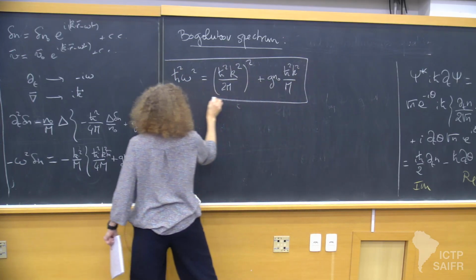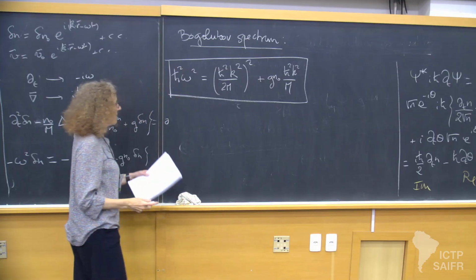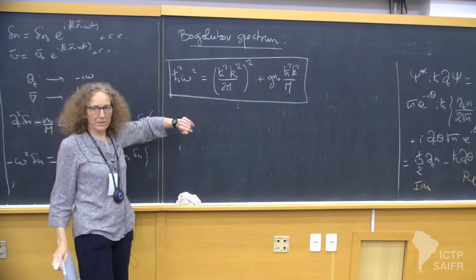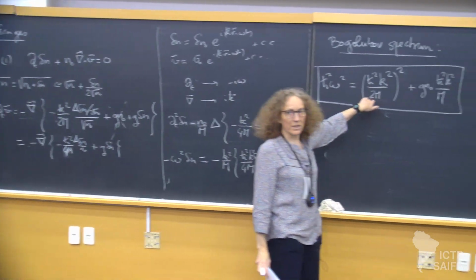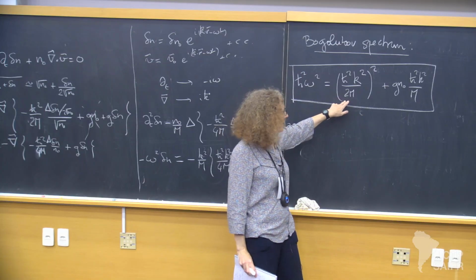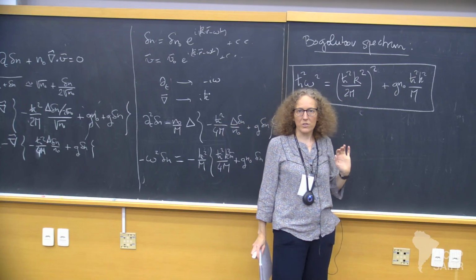So the energy is not simply, if I take the square root, it gives me the energy. The energy is not the energy of free particles, but there is also this term which corresponds to interactions.